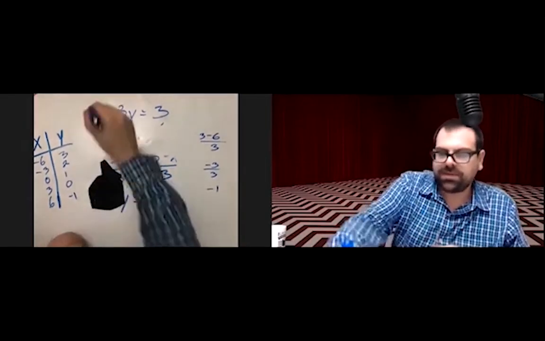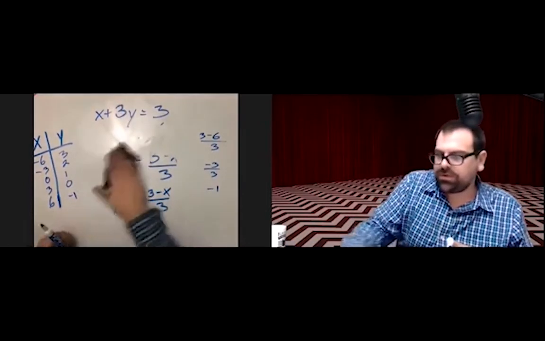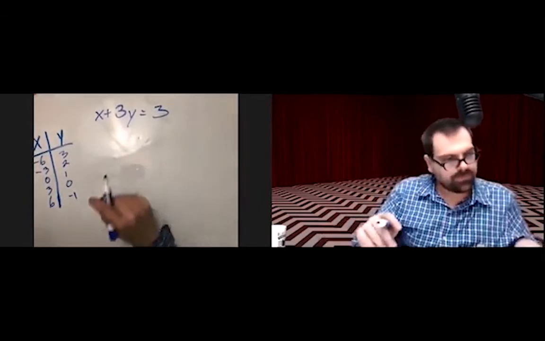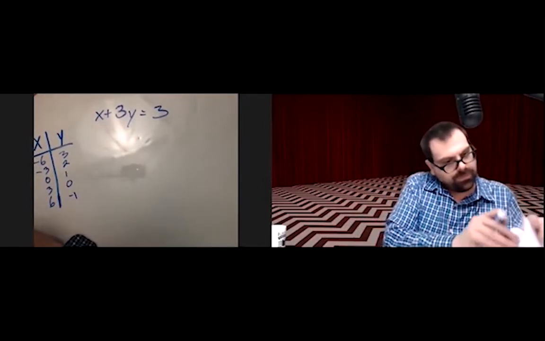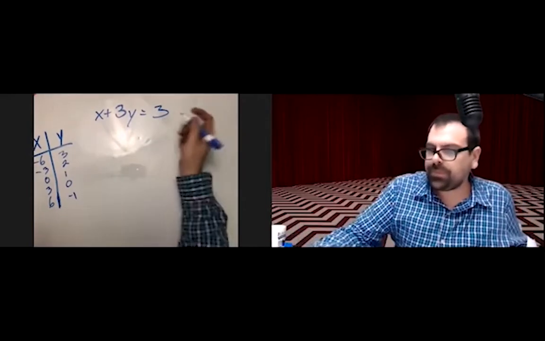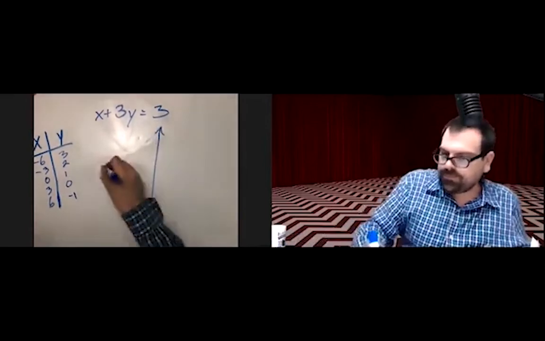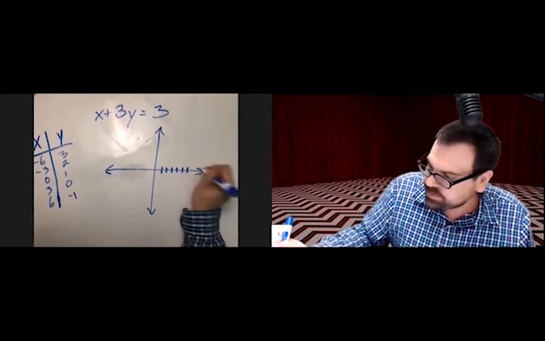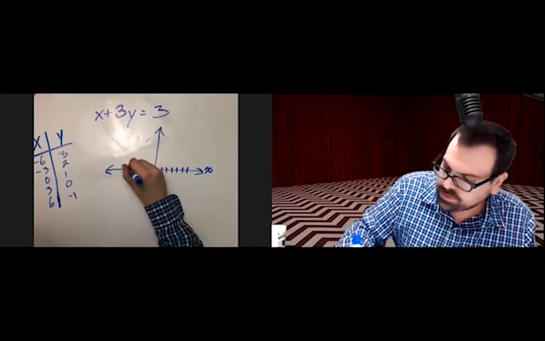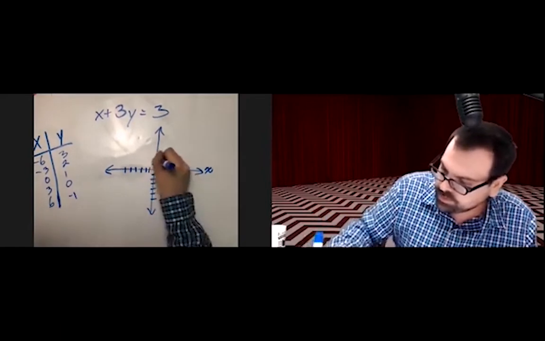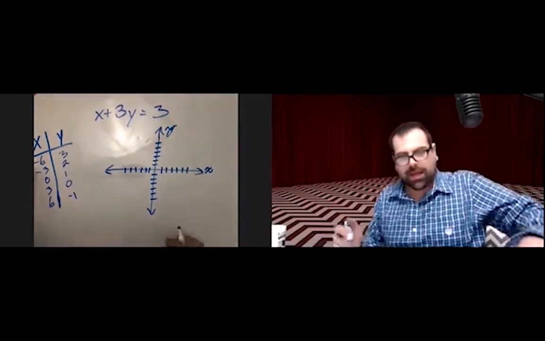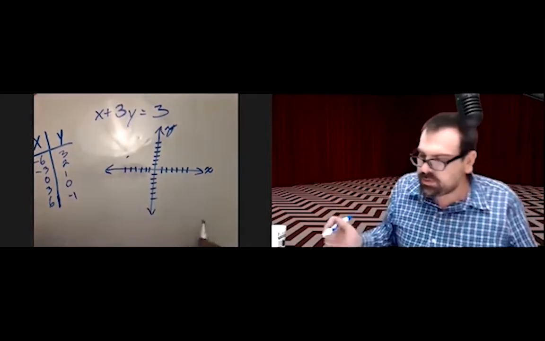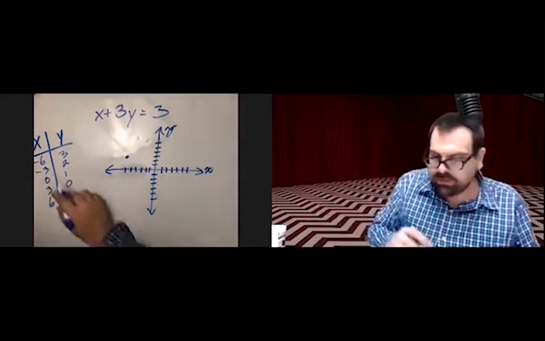So for x plus 3y equals 3, looks like 6, -6, 3. -6 for the x, +3 goes up. -3, 2.